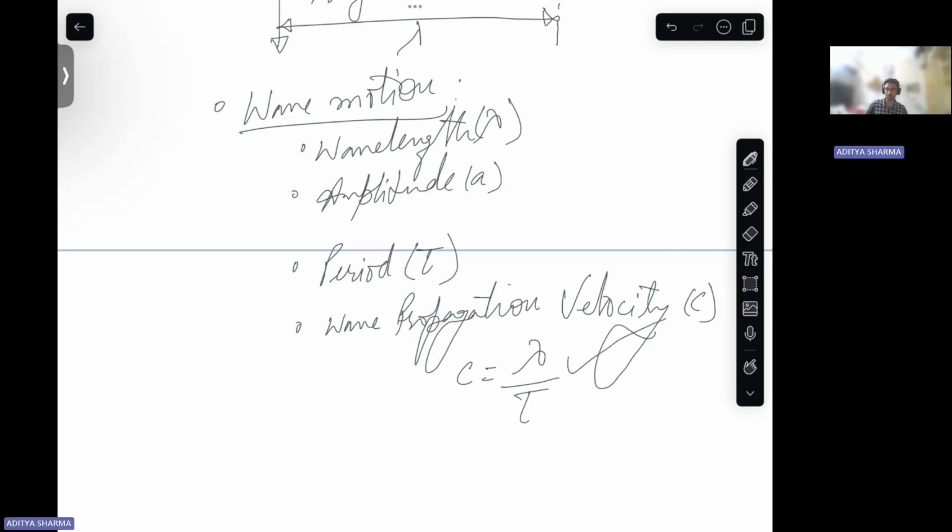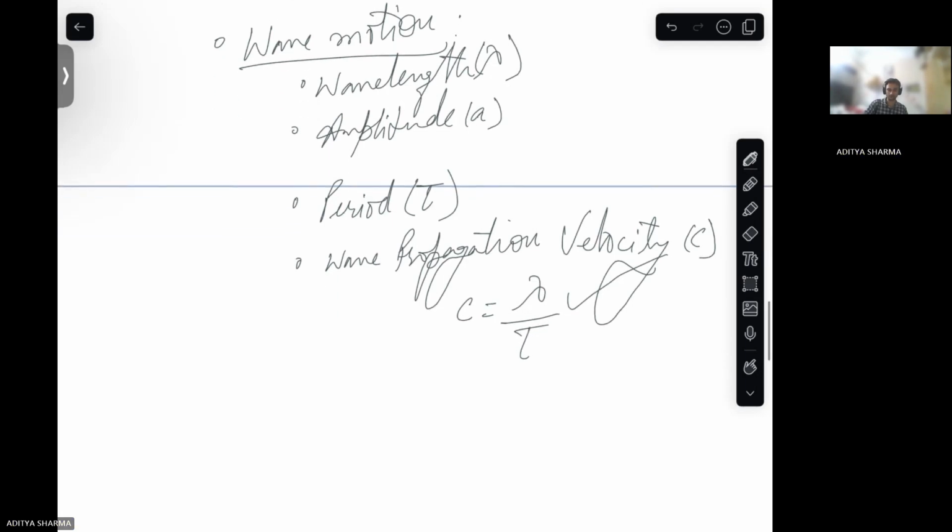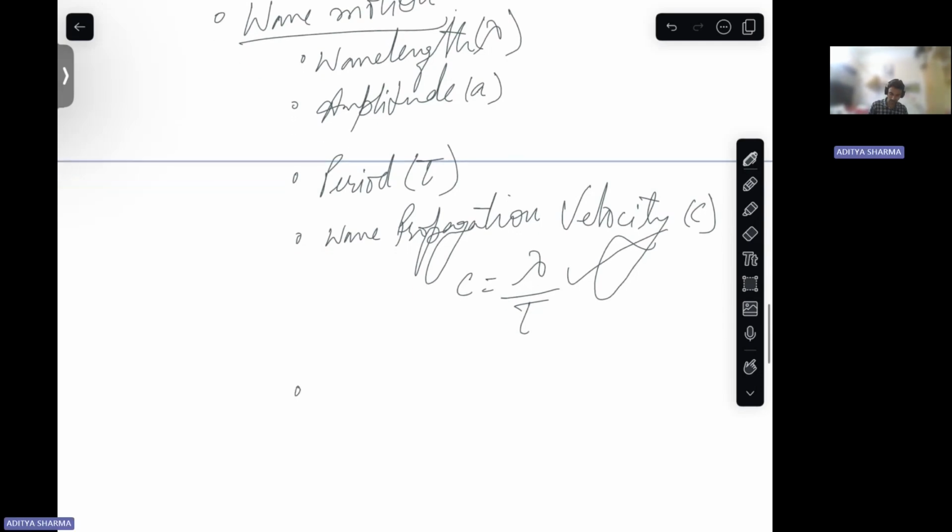So this is your wave propagation velocity. Okay. So these are fundamentals of your wave motion. Then if you have to model your wave motion, it can be done this way.